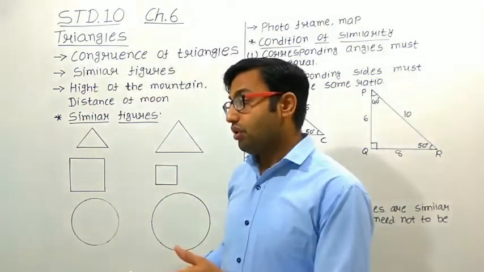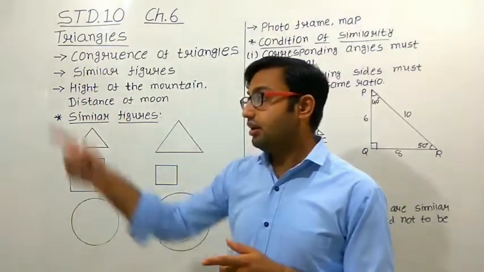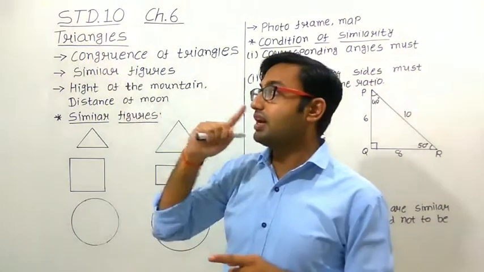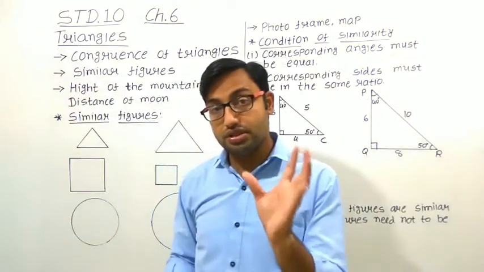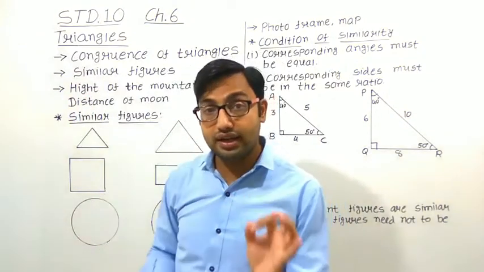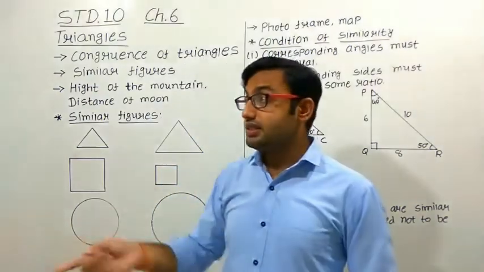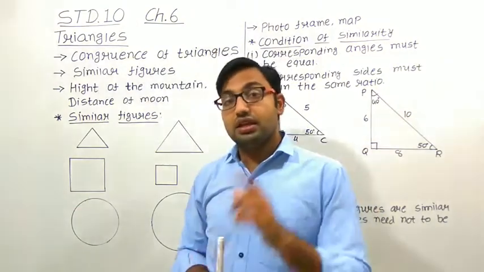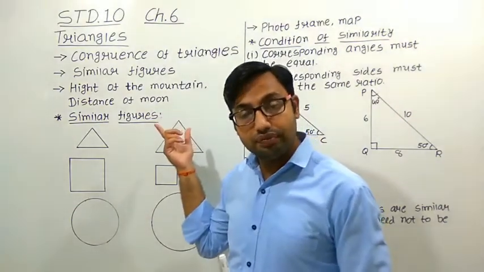If we want to measure the height of the mountain, we can make a triangle with the height, the base, and the line from your eyesight to the top of the mountain. This distance cannot be measured directly, but the same figure we can draw in a two dimensional plane.